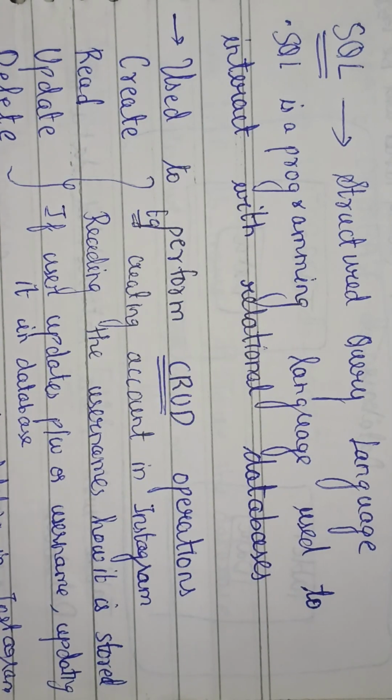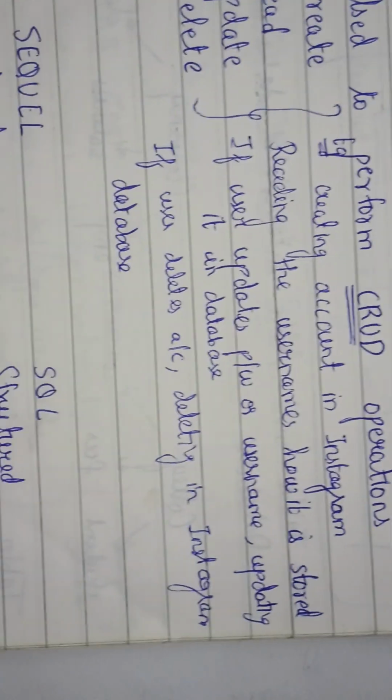And if the user deactivates or deletes the account, we have to delete the account from the Instagram database. If the user deactivates, we just update. If the user deletes, then we have to perform a delete operation. Basically, CRUD operation is an example of that.